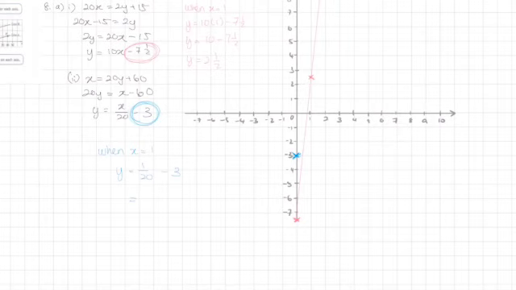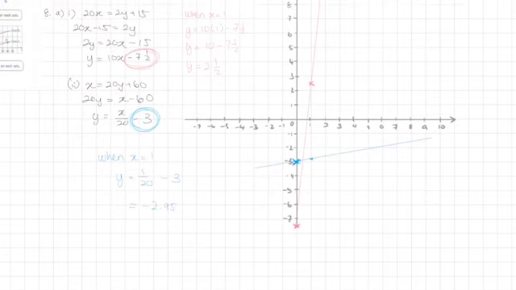So negative 2.95. I wrote it somewhere here. Okay, you can try to draw it on your own on a different scale, then you probably can have a better picture.